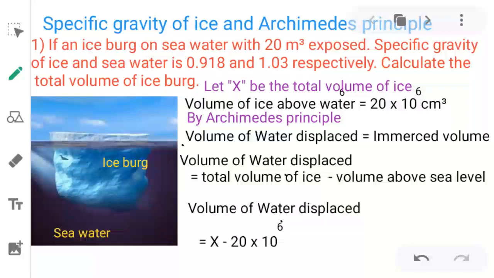So, in such a case, what is the calculation for finding the volume of an ice cube like that? In that regard, I am going to give you one simple example in this video.